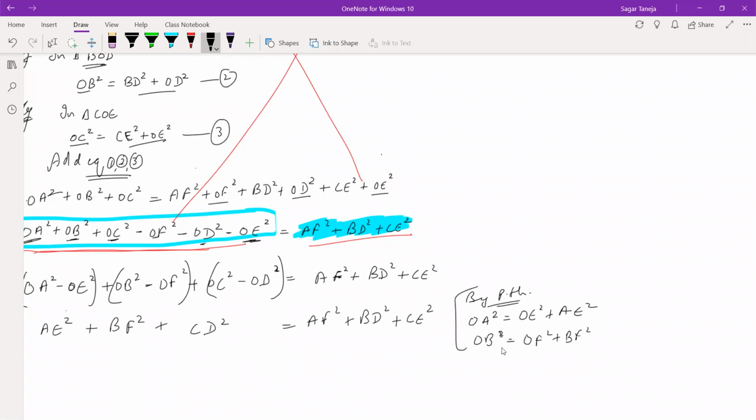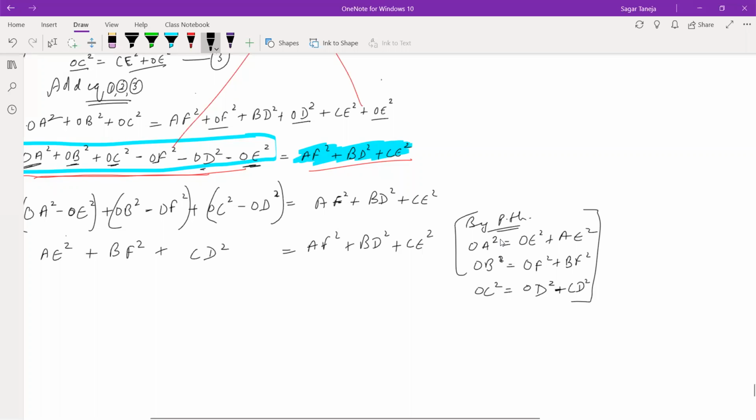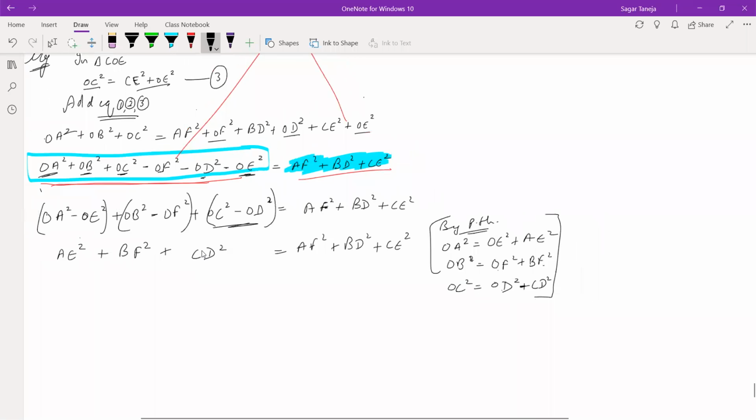This you have to see into the figure. Then OC square is equal to OD square plus CD square. With the help of this, we have taken out the values. OA minus OE is equal to AE, OB minus OF equal to BF, OC minus OD is equal to CD. Means if you will bring this OD this side, it will become minus. So OC minus OD is equal to CD. So that's why with the help of this we have written. Just note it down.